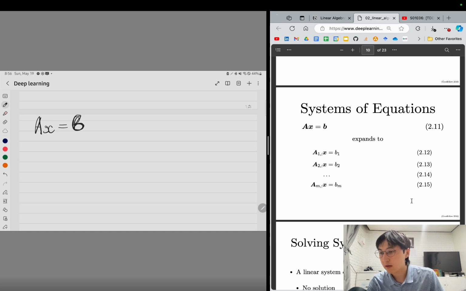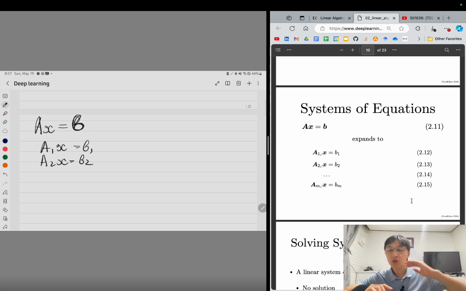And there is a system of equations, for example A1x equal to b1, A2x equal to b2. So it's a system of equations, where we are given the matrix A and the vector b, and we should find the vector x.